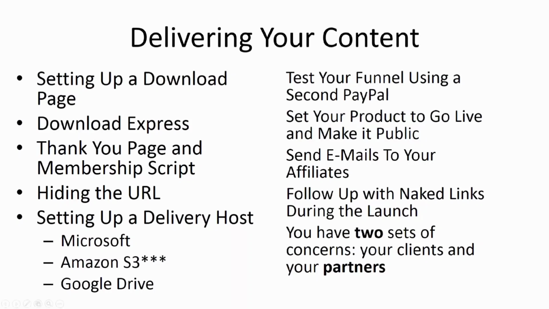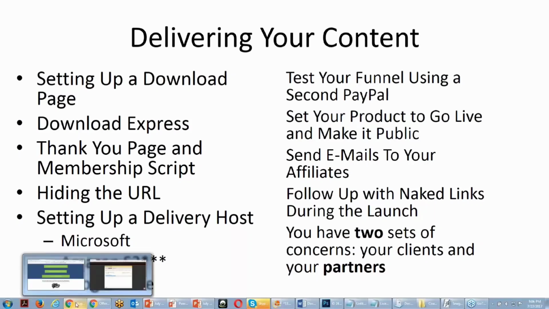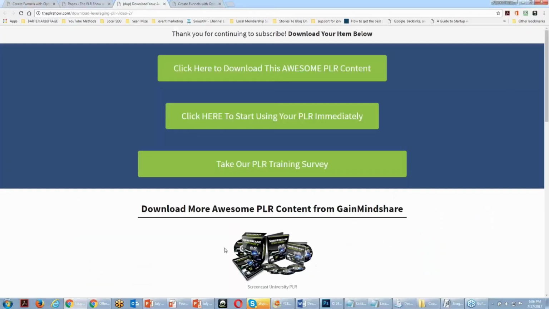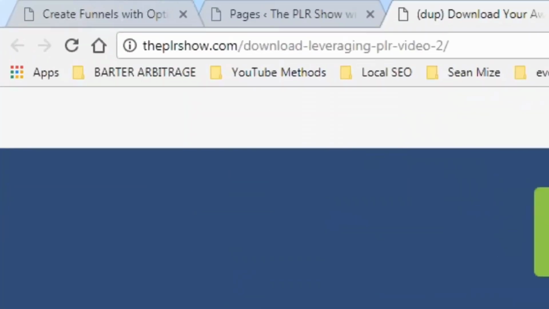Now, again, let's say that you don't want to use either one of those. You don't want to use any plugins. The only thing that you can do is make your URL unique. Now you'll notice here I've got download leveraging PLR video -2, and that's probably not going to be all that easy to memorize, and that's really all you're trying to do.